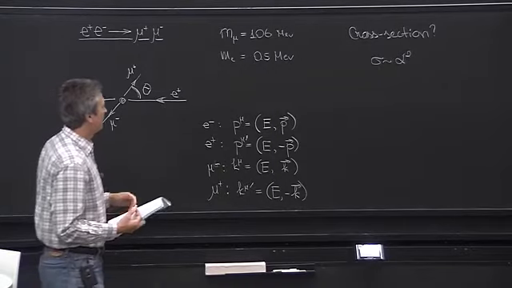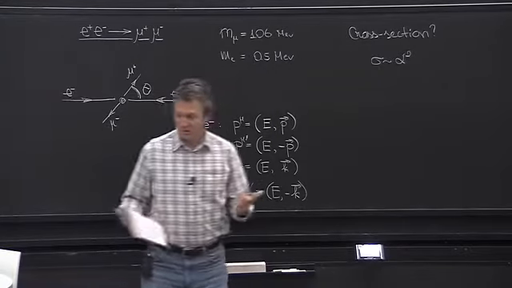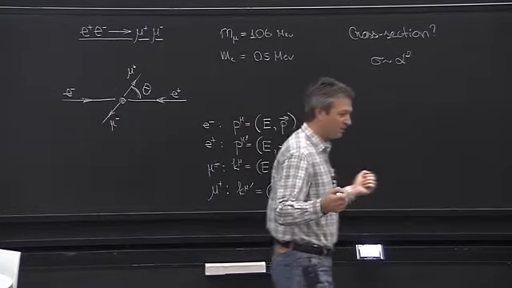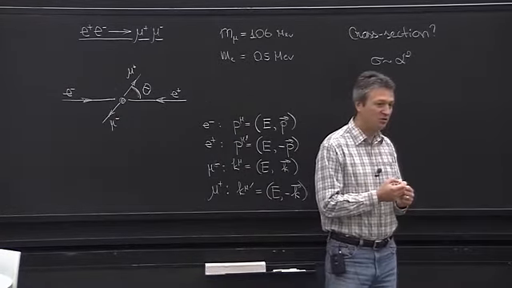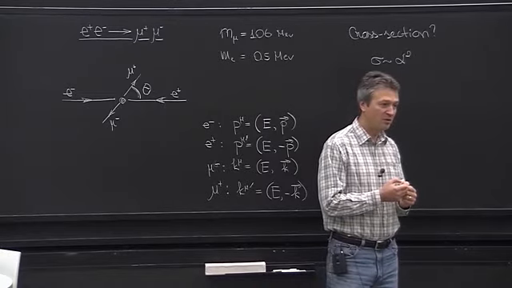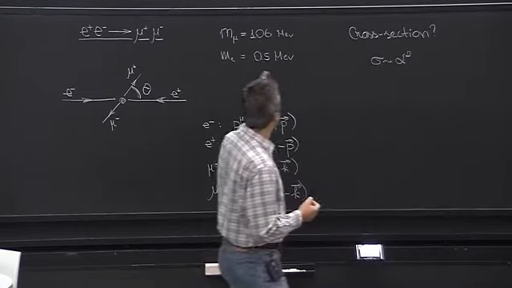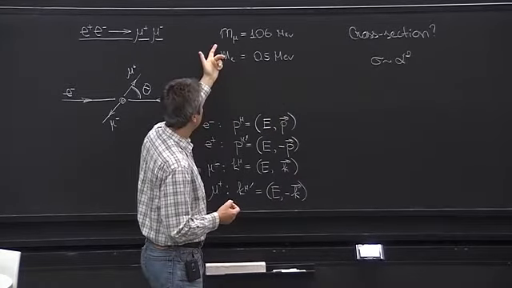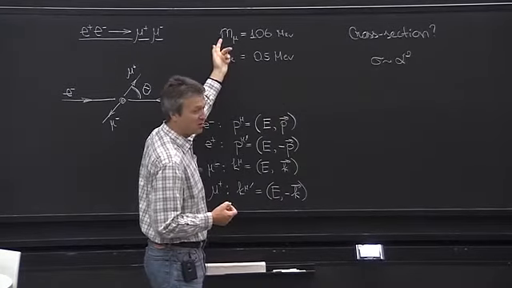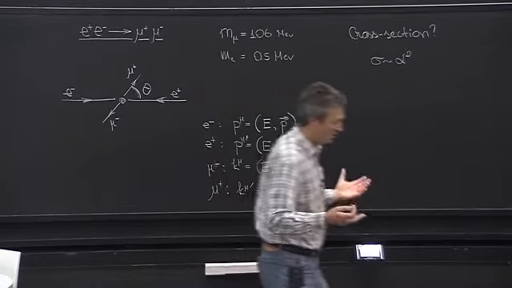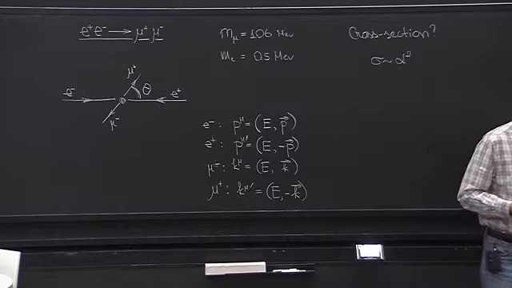But now you see that, first of all, this process will have a threshold. So electrons should have enough energy to produce at least, the energy should be at least as big as twice the rest energy of muons. If it's smaller, well, then muons cannot possibly be produced.